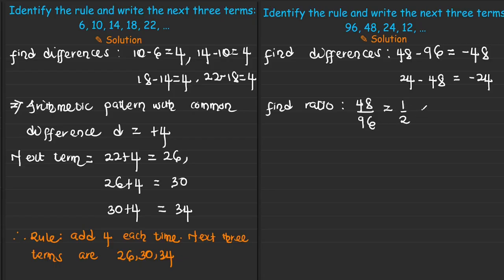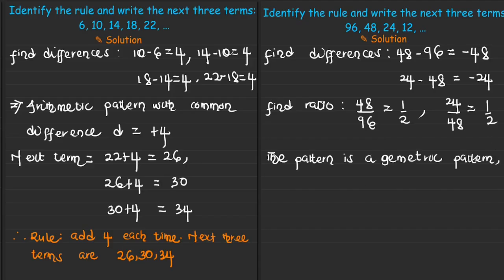Then if we try the next one, we have 24 divided by 48. That also gives us 1 over 2. And obviously, 12 divided by 24 also gives us 1 over 2. So that is to say that our pattern here is a geometric pattern. And if it's a geometric pattern, then our r is equal to 1 over 2.